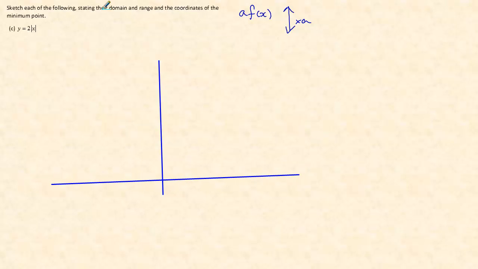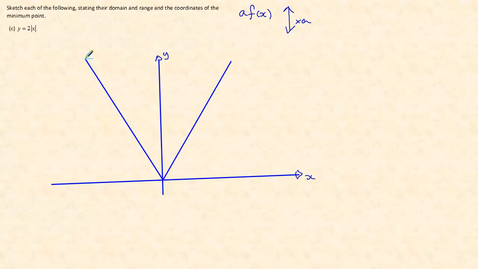Now if we consider the transformation here, we only have a f of x, which we know is a dilation of scale factor a parallel to the y-axis. So in actual fact, that's not going to look that different at all to mod x. It's just going to be steeper.